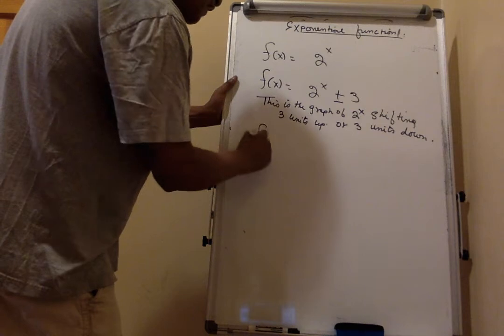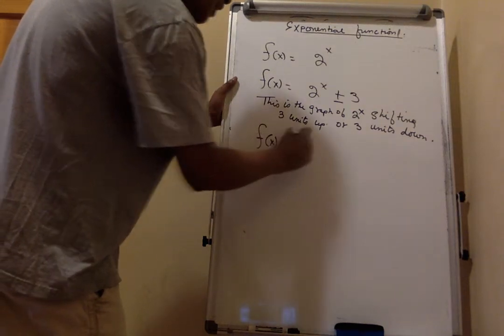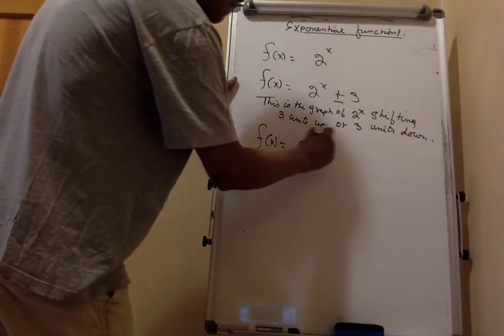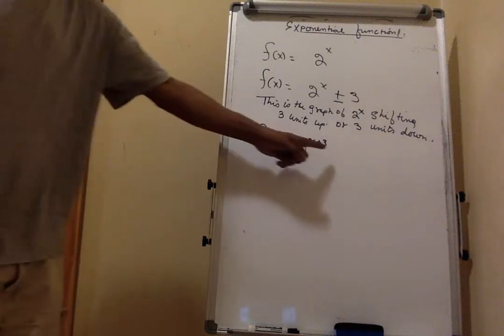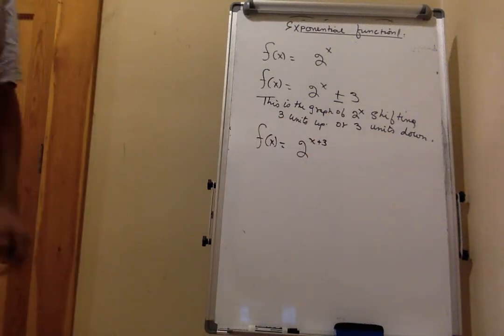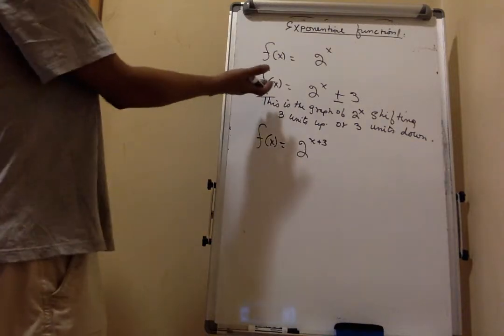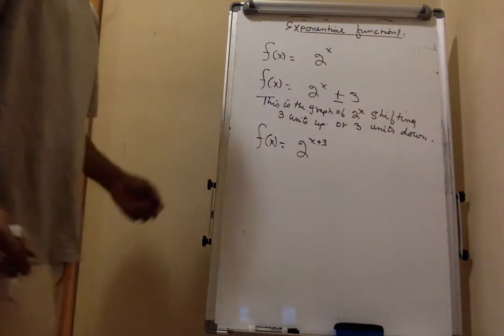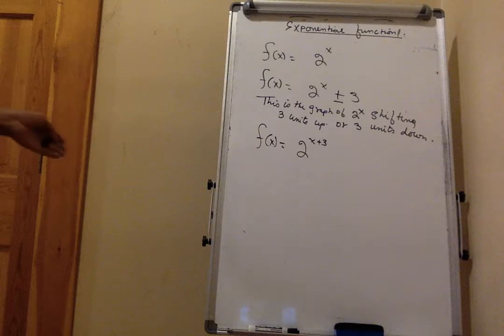On the other hand, if I have f of x is equal to 2 to the x plus 3, now the constant is connected with the exponent. And this is again the same graph, but this time shifting 3 units to the left.